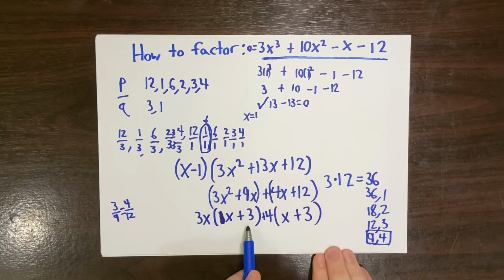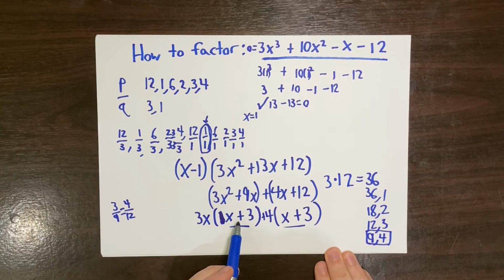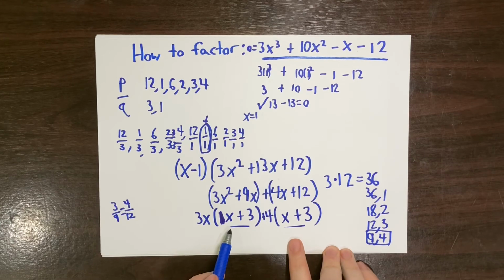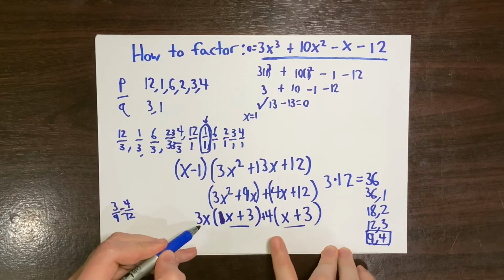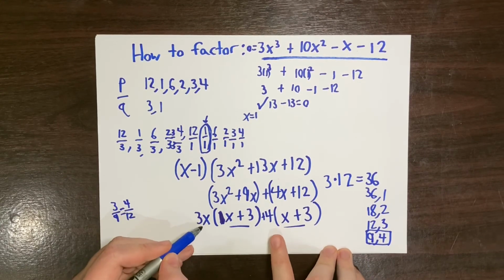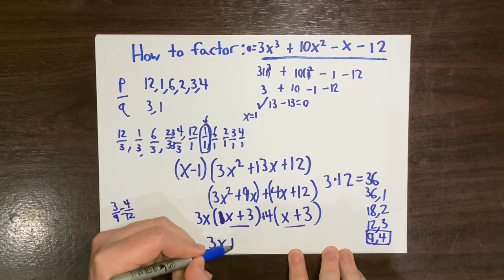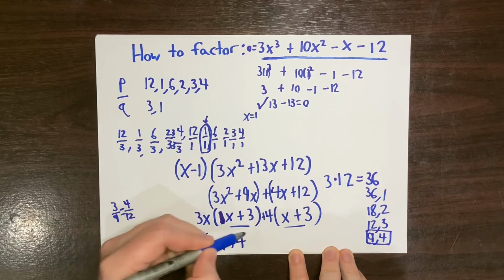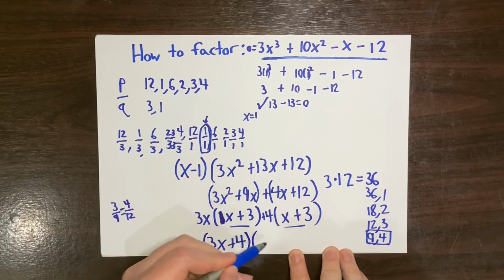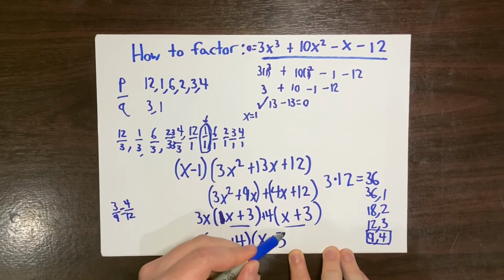Now you see both of our brackets now contain x plus 3, which is a great sign. So now we just have to rewrite this in a factored form. So both of our x plus 3 terms are multiplied by different things, so we can write those two things together as 3x plus 4, and put that in brackets next to x plus 3.